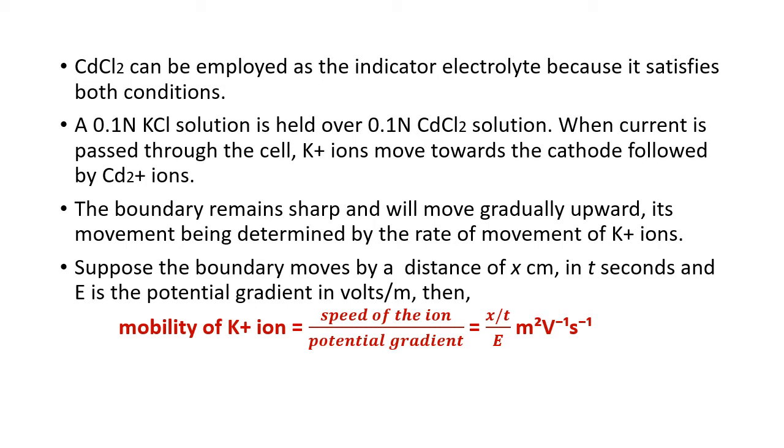If the boundary moves by a distance, say x centimeter in t seconds, and the potential applied is E volts per meter, then the mobility of K+ is given by the speed of the ion divided by potential gradient, that equals x by t divided by potential gradient E.